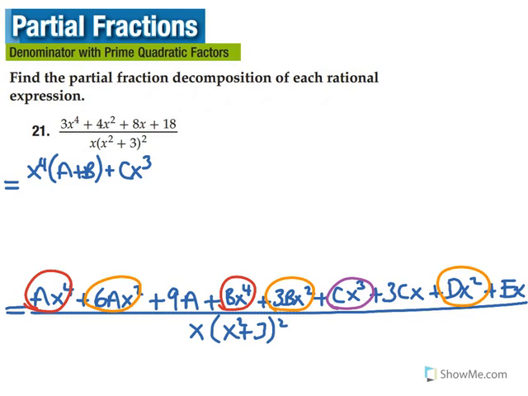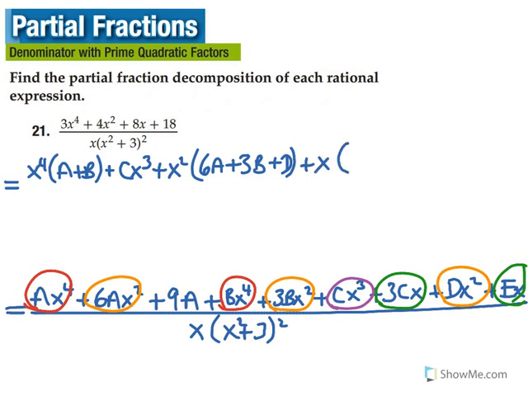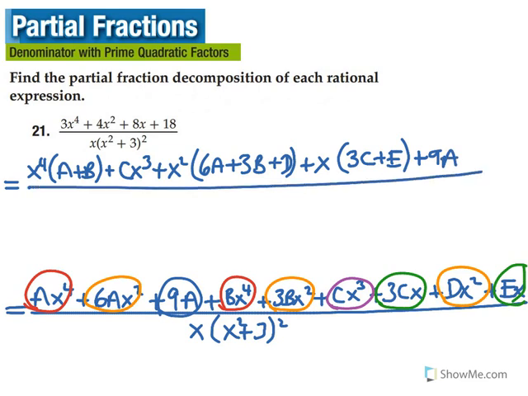It will be x squared parentheses 6a plus 3b plus d, plus for x parentheses it will be 3c plus e, and we are only left with 9a as a number, divided by the denominator.